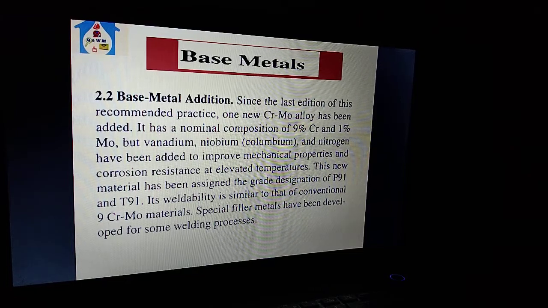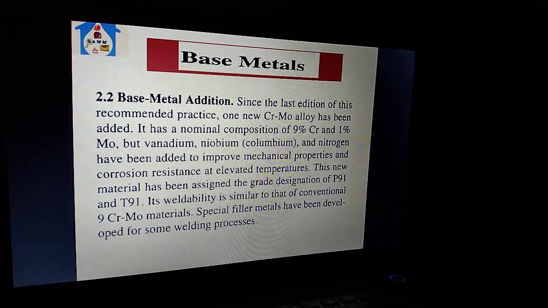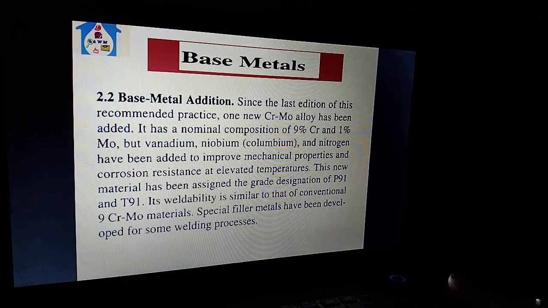This new material has been assigned the grade designations P91 and T91. Its weldability is similar to that of the conventional 9-chrome moly material. Special filler materials have been developed for some welding processes.